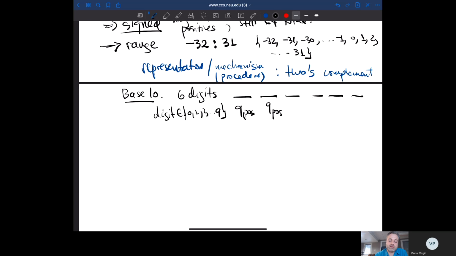Sorry, that's 10 possibilities. I'm thinking of something else. Let me erase a few things. Mistake. Each one of them is 10 possibilities. So all these ranges are 0 to 9.